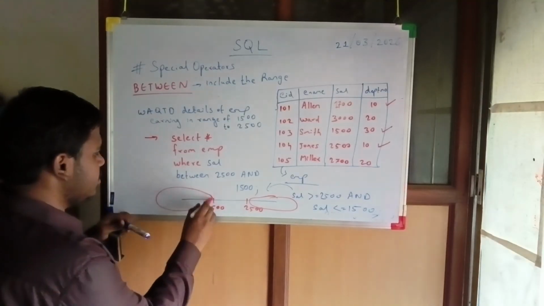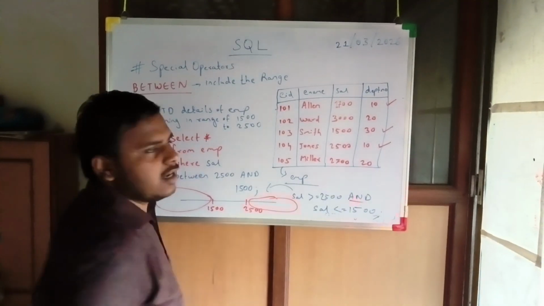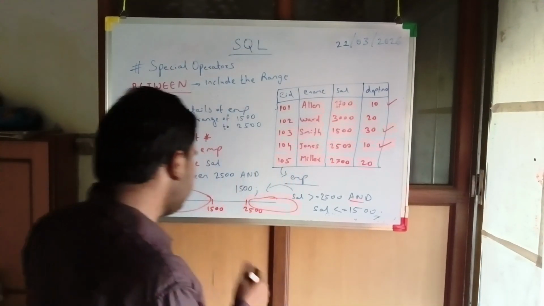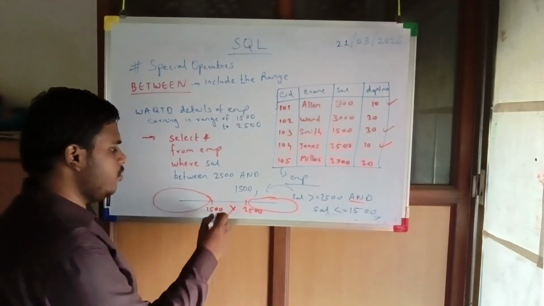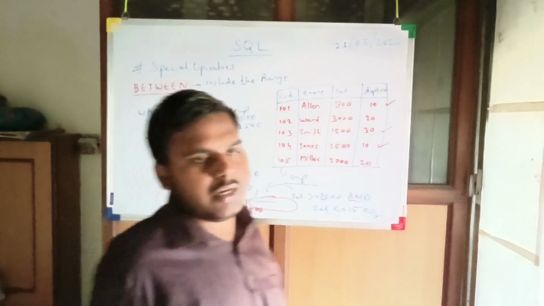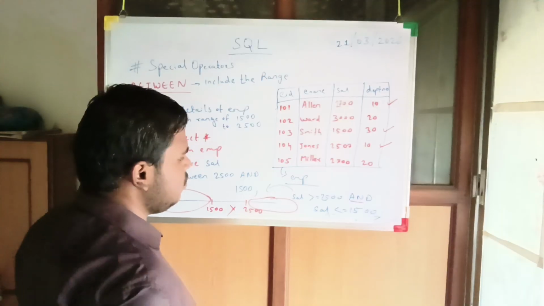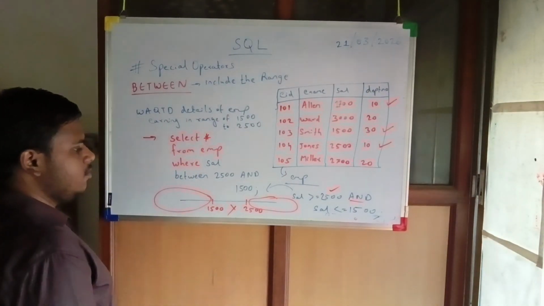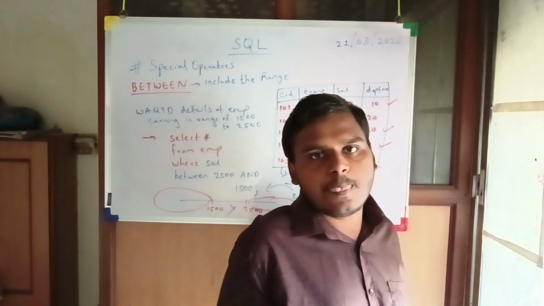It is working like the AND operator, meaning both should be satisfied, which is practically not possible. First of all, I don't want this range, I don't want the values between 1500 and 2500, but the question says I want this. So first of all we are getting the wrong output. And second, if I take the number 2700, it satisfies the first condition but not the second condition, so it is practically not possible to get an answer. Our output will be no rows selected.